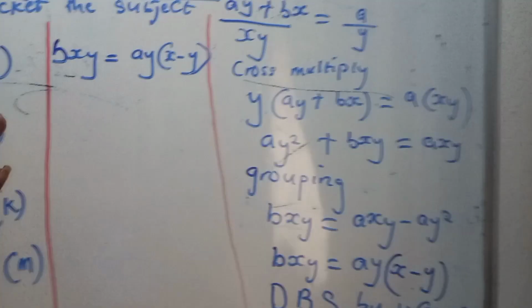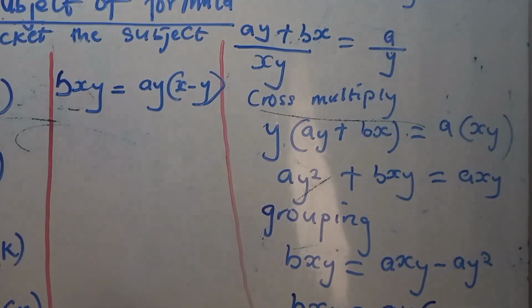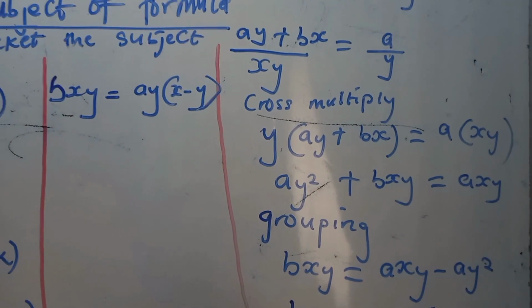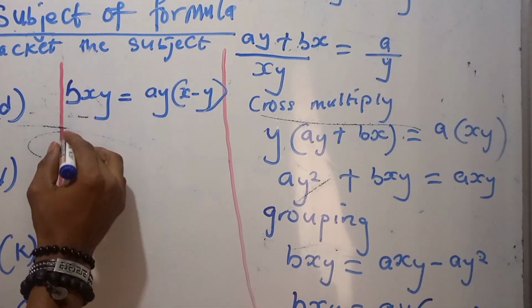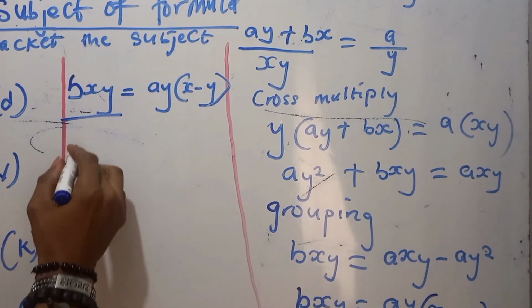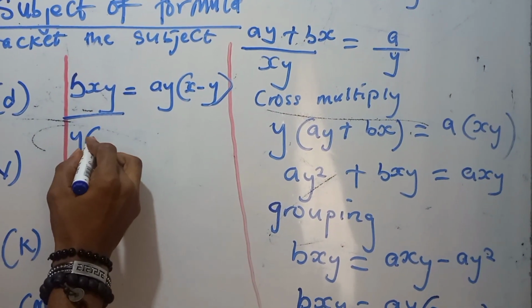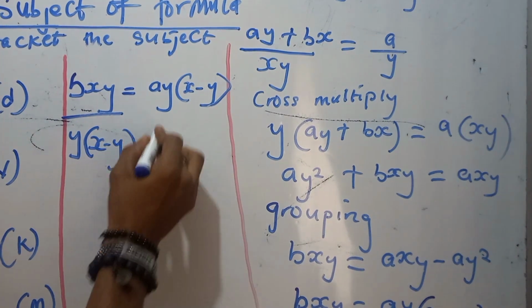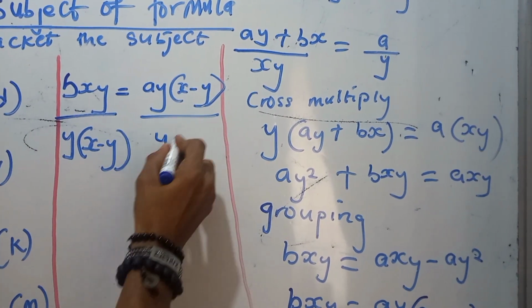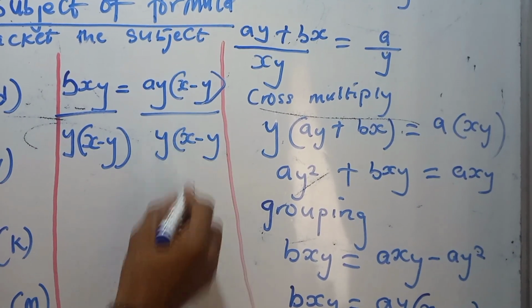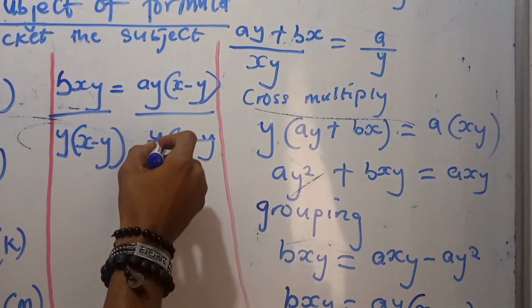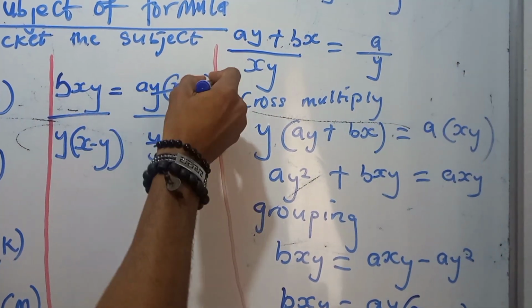Then we divide both sides by y bracket x minus y, which means over y bracket x minus y over y bracket x minus y, which means y bracket x minus y is divided by this.